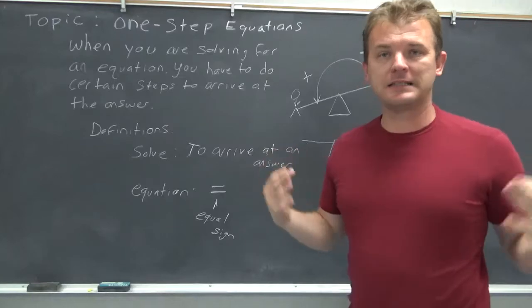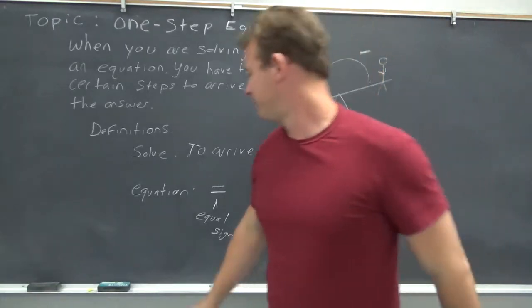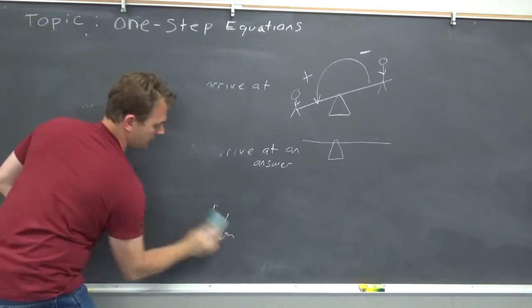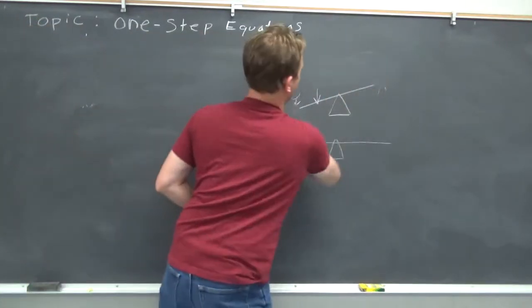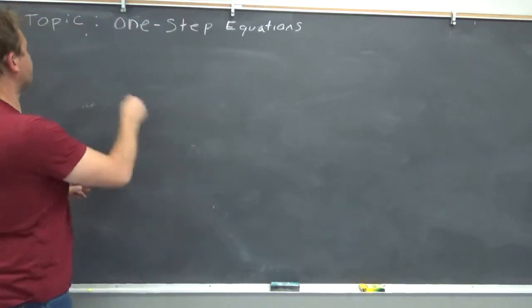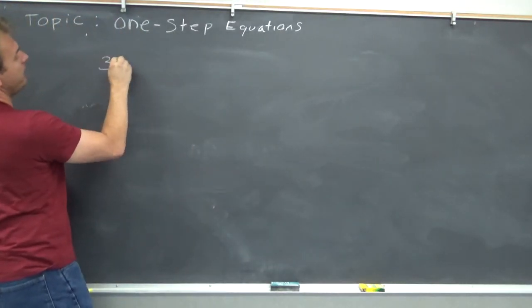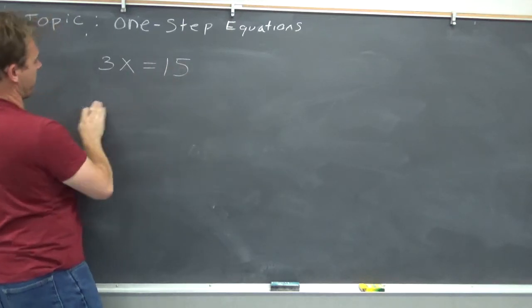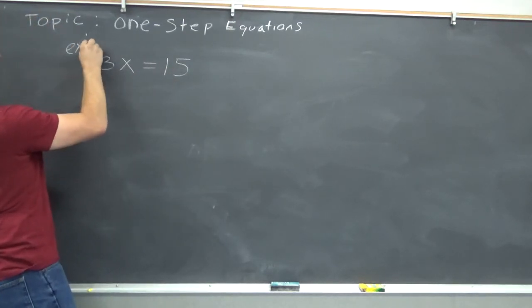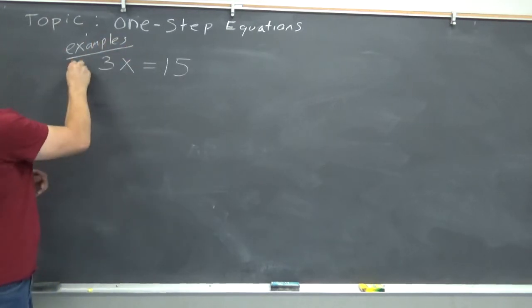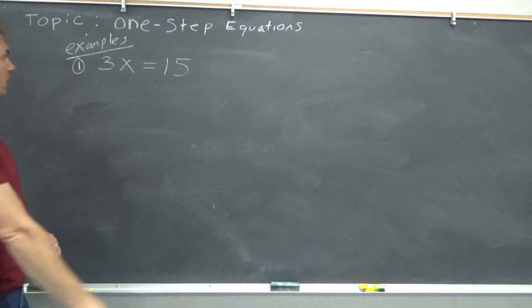So let's get into this. We're going to do a lot of examples. Okay, so try this one. We have 3x equals 15. So these are examples. Number one.